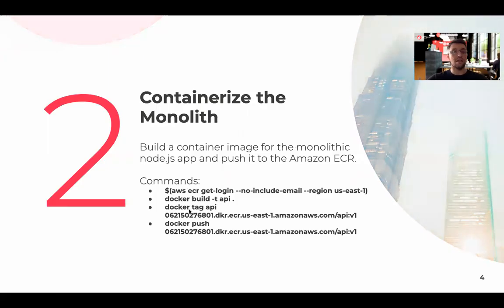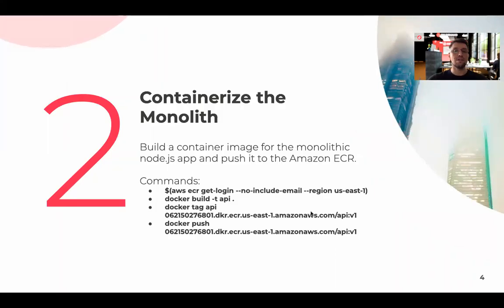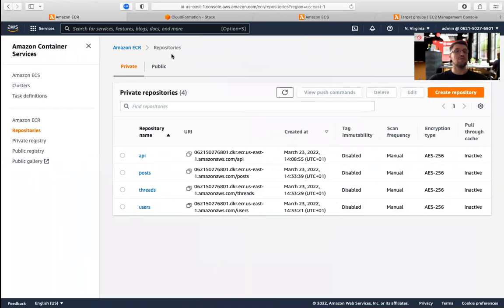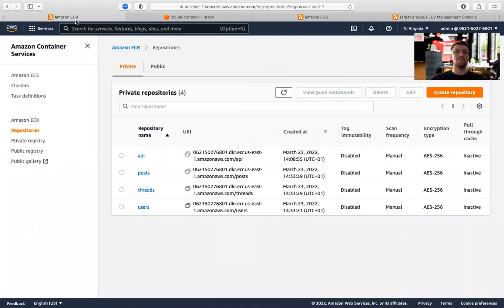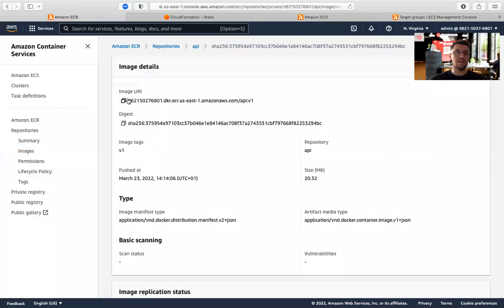And after that, I tagged the API image with the tag from the Elastic Container Registry, version 1, and pushed it to the Elastic Container Registry. So if I go now to the Elastic Container Registry, I can find the API repository. In this API repository, I can find the v1 image tag. And this image URI I can use right now in my configuration.